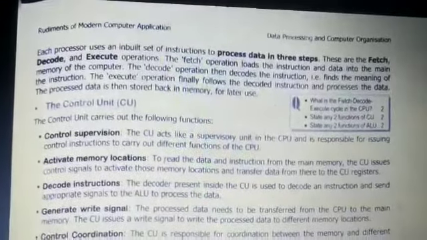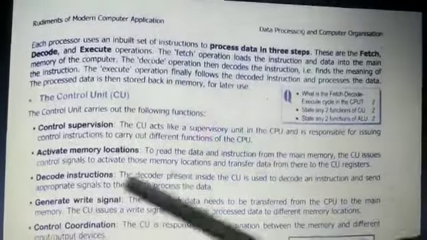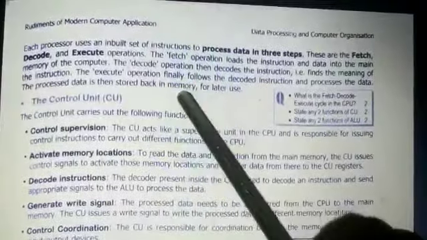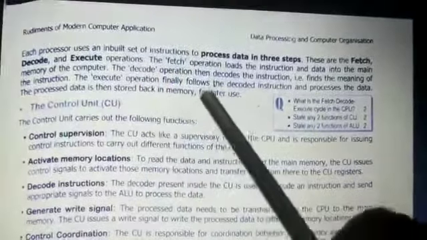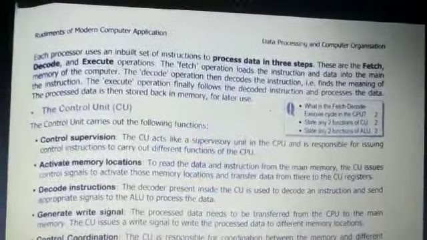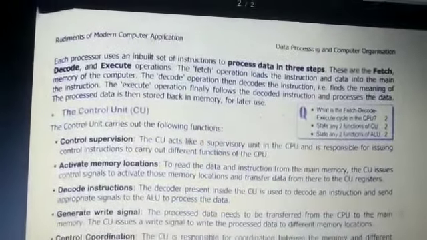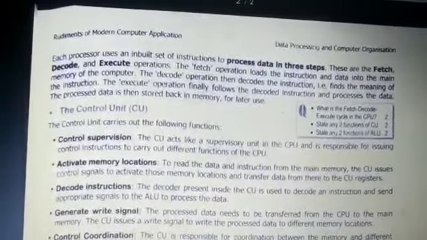After the execution, we will get the processed data. Then we will move the processed data back to the main memory for use. So here the control unit and ALU are both performing different jobs to execute one particular instruction.